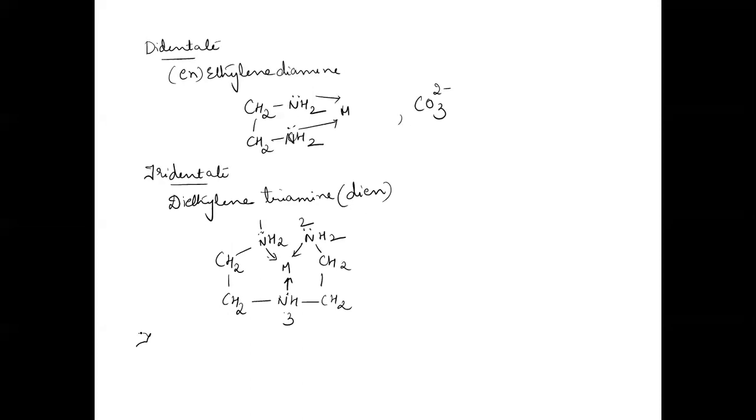For the example of a tetradentate ligand, I can take triethylene tetramine, or I can take nitriloacetate also. This one is CH2COO minus, CH2COO minus, CH2COO minus, and N. 1, 2, 3, and the lone pair on this, 4.